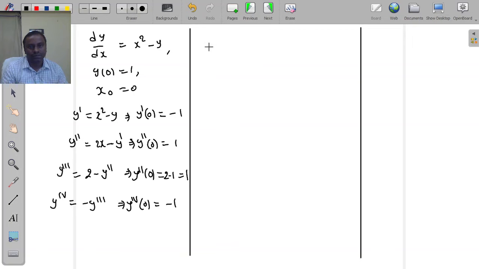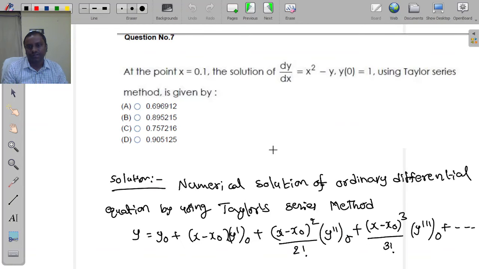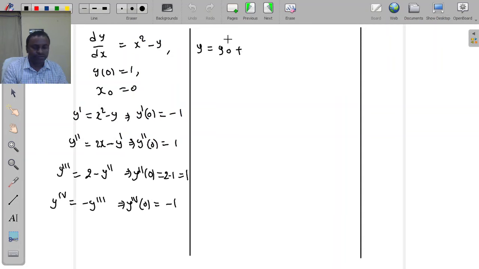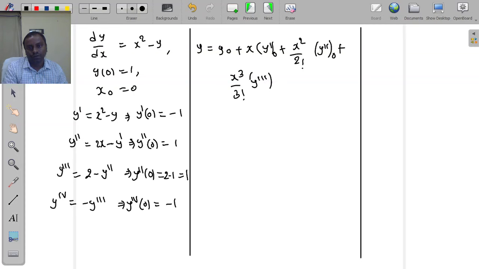Now substitute all these values in this equation. Because x naught equal to 0, what you are going to get is y naught plus x into y dash of 0, plus x square by 2 factorial into y double dash of 0, plus x cube by 3 factorial into y triple dash of 0, plus x raised to 4 by 4 factorial into y fourth dash of 0, and so on.